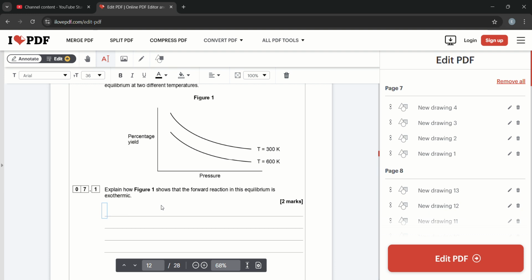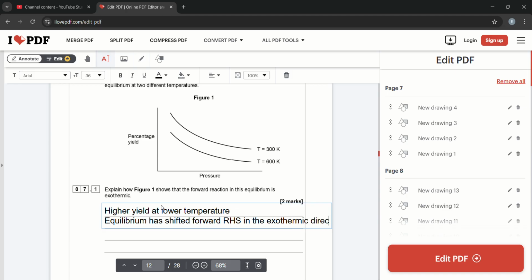In this reaction, we've got a higher yield at lower temperature. It's quite obvious, and therefore equilibrium has shifted forwards, right hand side, in the exothermic direction to oppose the decrease in temperature.